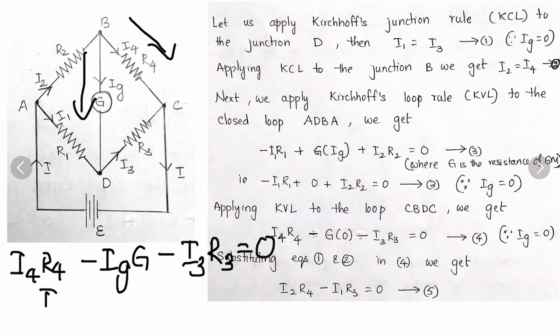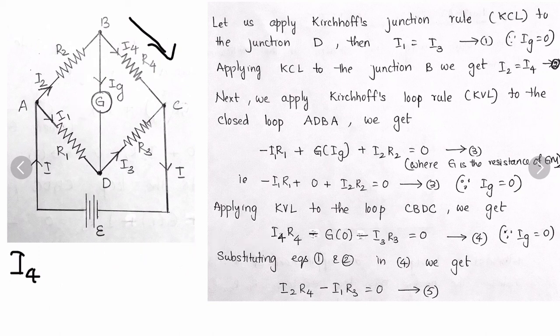Now, if you see equation number 4, I4 R4 minus G into 0 minus I3 R3 is equal to 0.